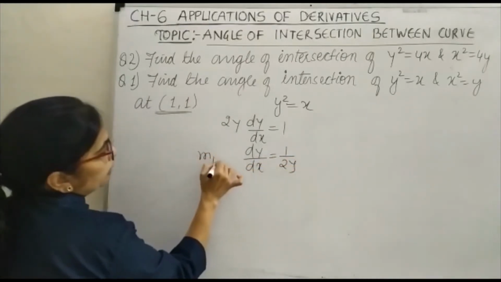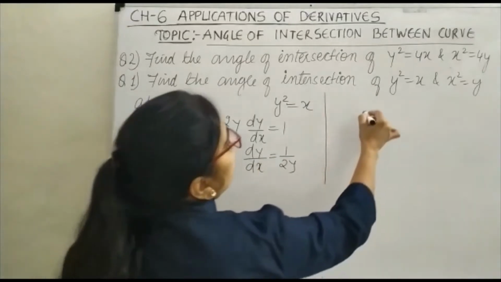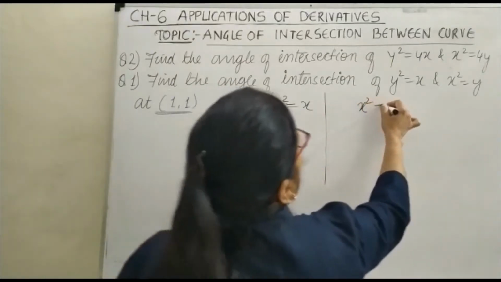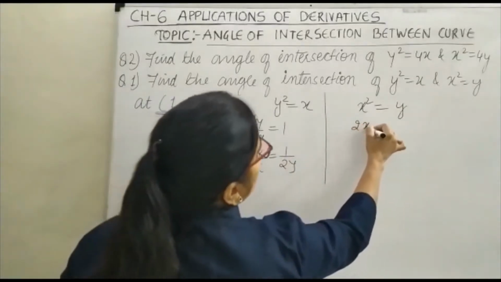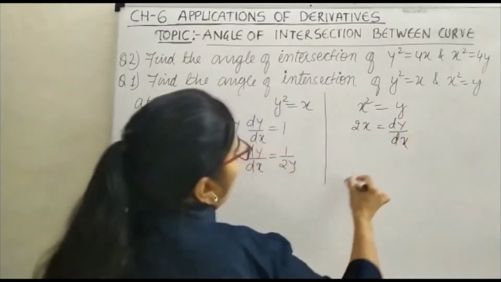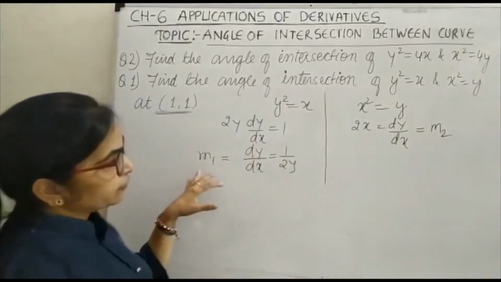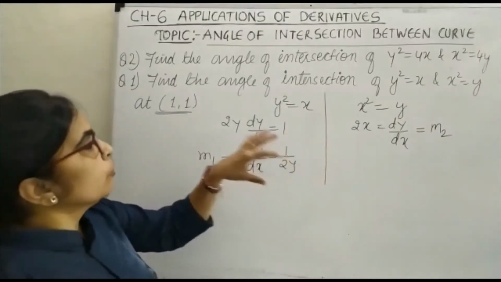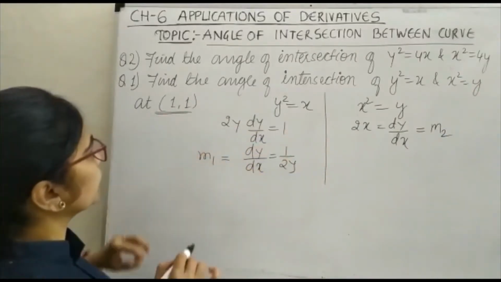Let it be m1. For the second curve we have x square is equal to y. When you differentiate this, it becomes 2x is equal to dy by dx, and this can be taken as m2. So we have here m1 and m2. We have to find the angle between m1 and m2 at point 1, 1.